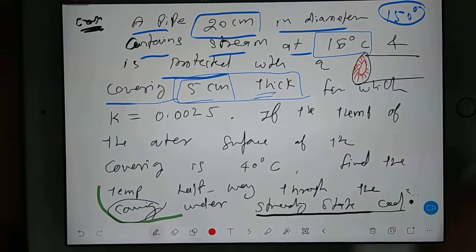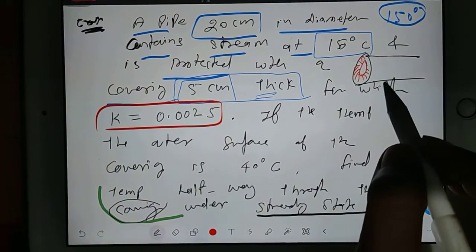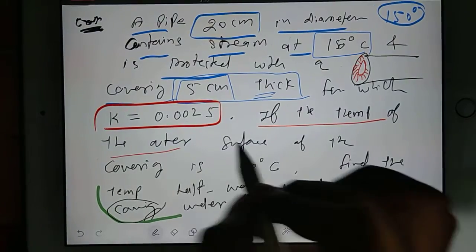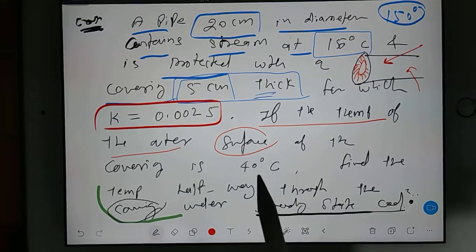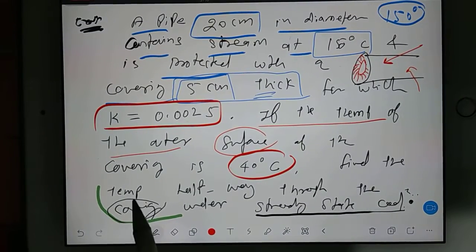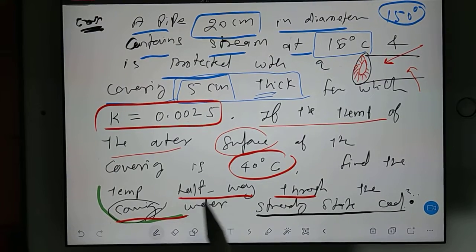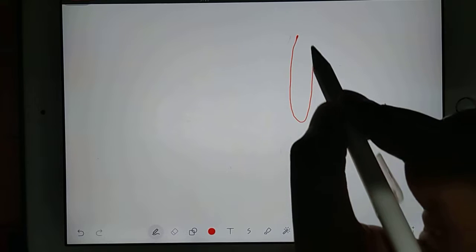That material has conductivity K given as 0.0025. If the temperature of the outer surface is 40 degrees Celsius, find the temperature halfway through the covering under steady state. What does that mean?